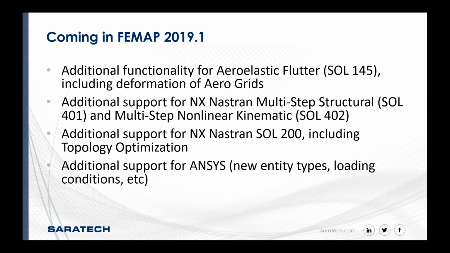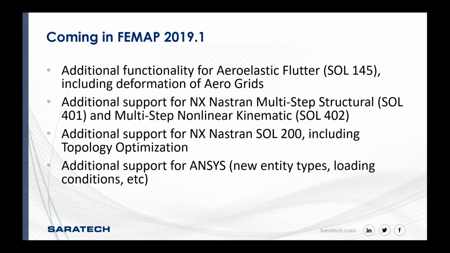solution 402. So we just added a bunch more support for options in there for basically our second release. A good bit more support for NX Nastran solution 200, including topology optimization. Just so everybody knows, I think it was NX Nastran 11 or NX Nastran 12 that added support for topology optimization.